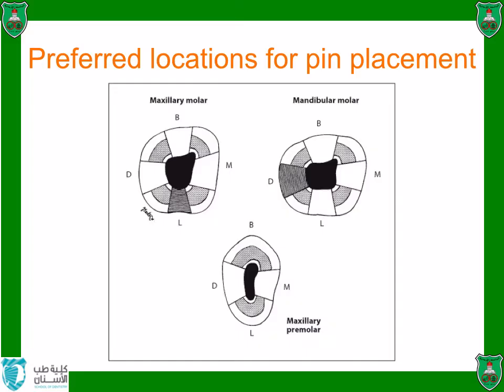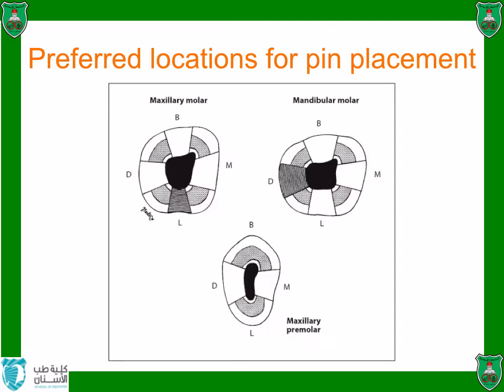Now the gray area present in the maxillary molar on the lingual surface and the mandibular molar on the distal surface represents a dangerous area. If you don't have other than this place to place your pin, then you should be very careful. This area represents an angulation of the root in relation to the crown.